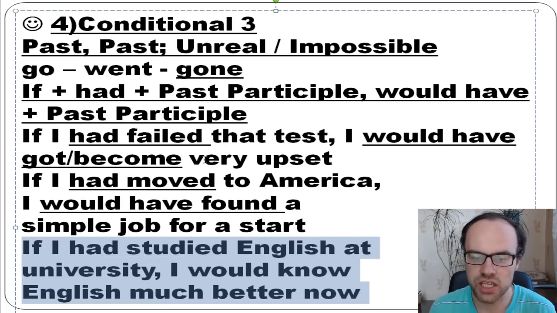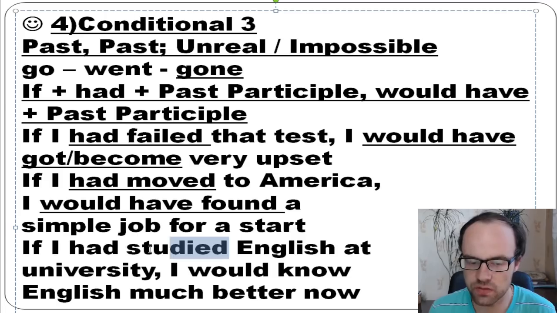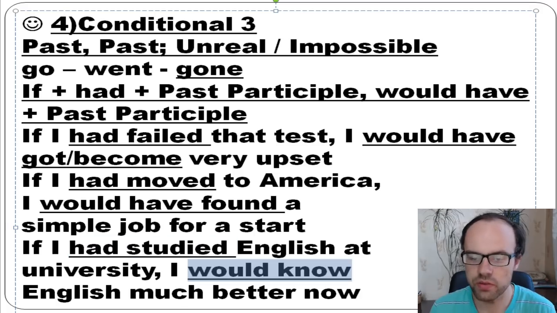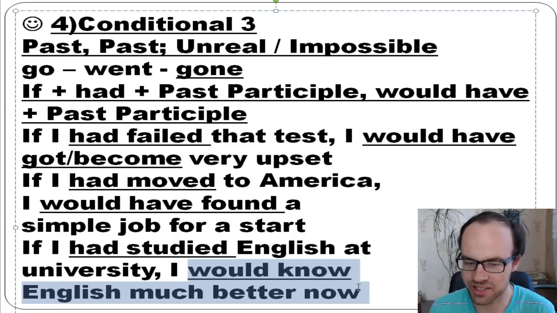So look, if I had studied English at university, it's about the past. If I had studied, but they didn't study it, I would know English much better. So they would know English much better now. So it's unreal about the past, and it's unreal about the present. Very interesting grammar.